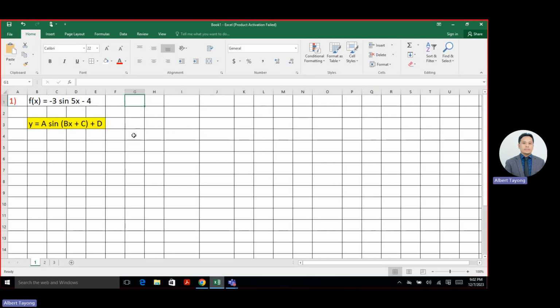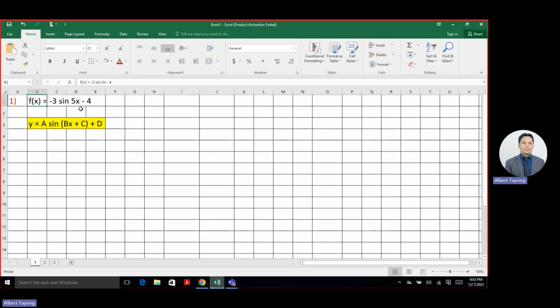So the first step is to find our a, b, c, and d. As you can see, this is the general form of our sine function, where a is before the sine, b is before the x, and we have c after that, and plus d. Now c is there if you have open and closed parentheses, otherwise it will be 0. Later, I'm going to give an example.